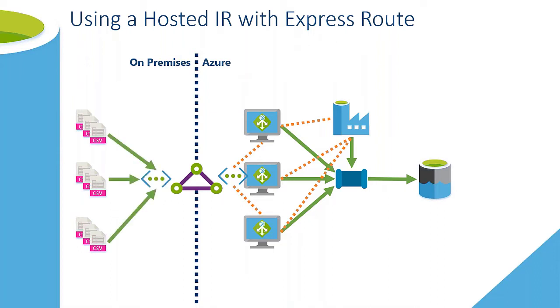And then you would assume that your local servers, your local resources would be on that same network and can talk through that Express Route connection. So a little counterintuitive, but just something to call out. I've seen lots of scenarios where customers are paying for this very expensive Express Route connection, but maybe their hosted IRs are still on the wrong side of the boundary, which means they're still potentially using a public connection. So just bear that in mind, a few things there with the hosted IR.